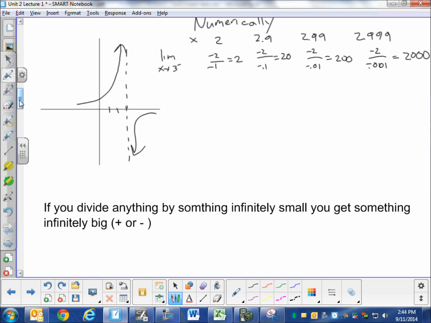Now, what do I mean by infinitely small? Do you think I mean like a really big negative number, like negative 1,000? Is that small? Or do I mean something else? What do you think? What does infinitely small mean? A big negative number or something else?